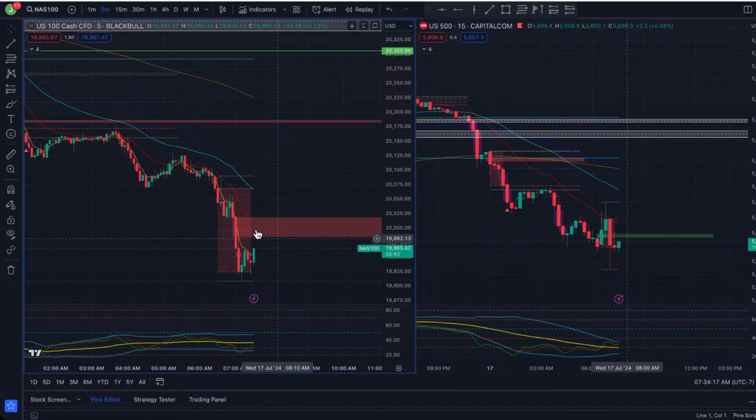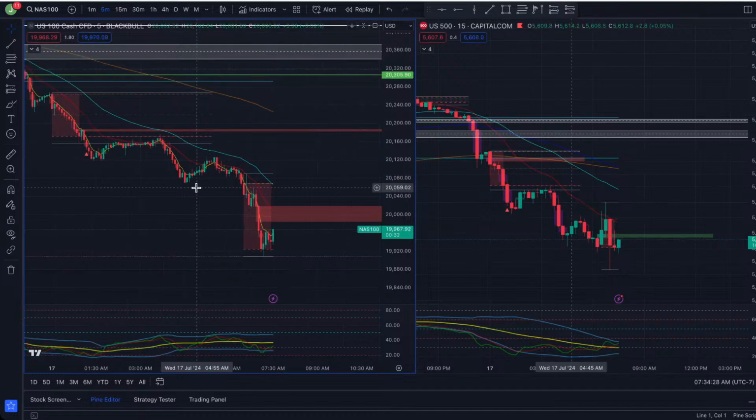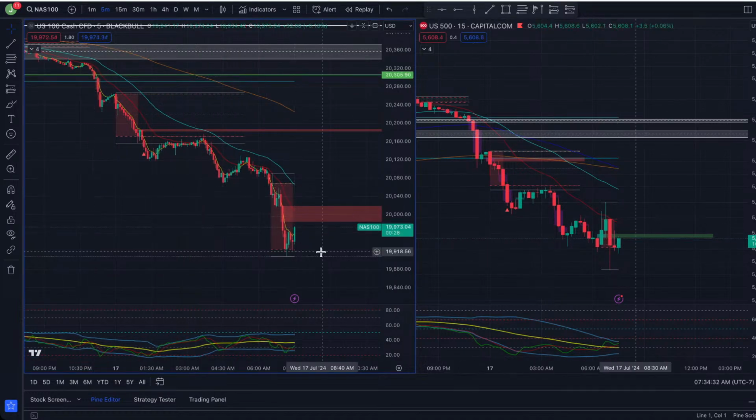NAS slowly moving back in to the opening fair value gap. We've had a really bearish morning. London pushed down hard all the way into New York.